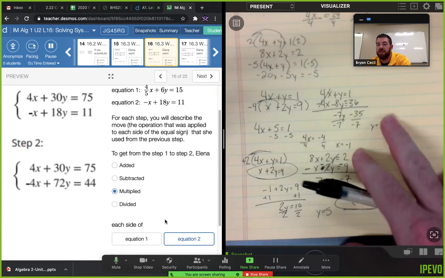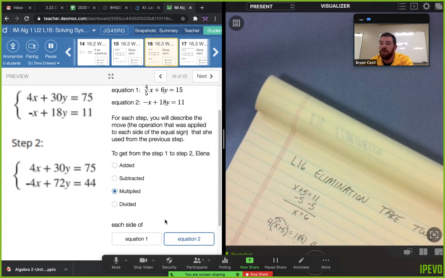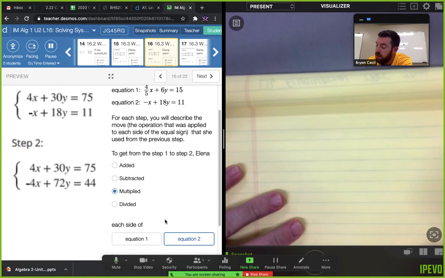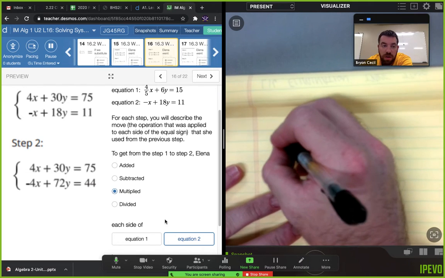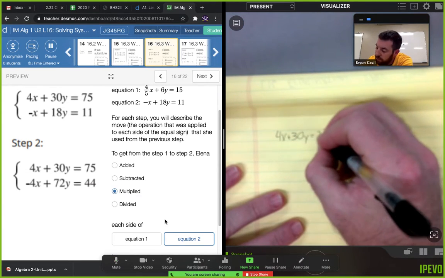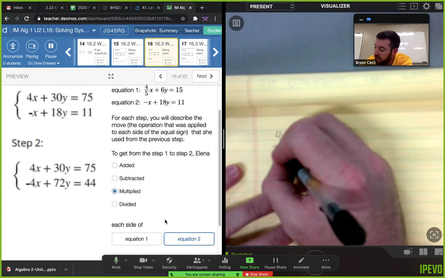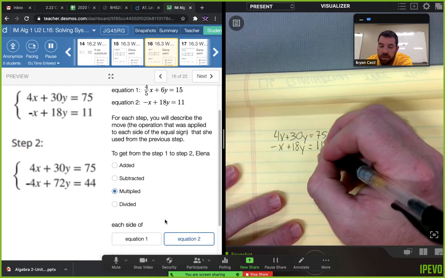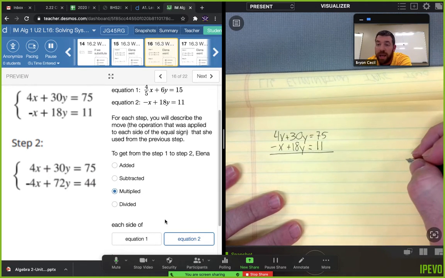And you know what? We are missing a grand opportunity to show this on paper, so that'll help us understand it as well. So I had 4x plus 30y equals 75, negative x plus 18y equals 11. That's where we're at. These don't cancel out.